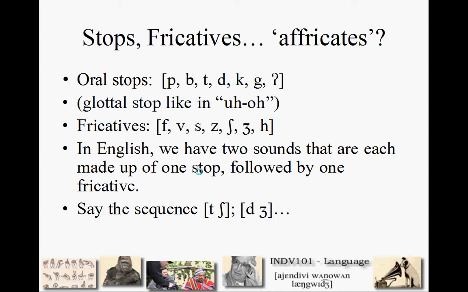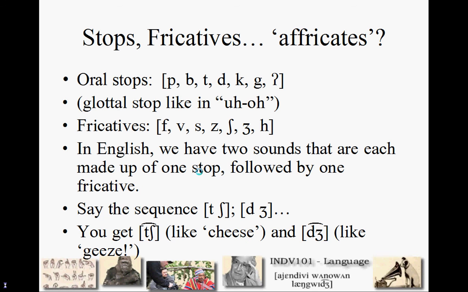If you have a T followed by an esh, t-sh, t-sh, what sound do you get? Similarly, D followed by zh, d-zh, d-zh. Try to put those really close together. T followed by esh, you end up getting a sound like cheese. The CH in cheese, that's actually a t-esh. And the d-zh, if you put them close together, you get that sort of J sound. So those are affricates, a stop plus a fricative really close together.